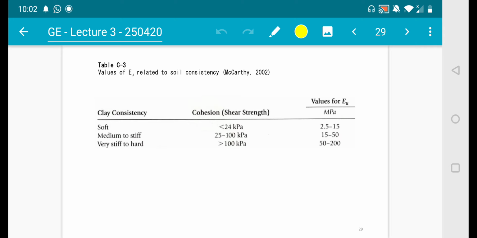And lastly, this is a table to get the EU constant. This is pretty easy when you don't do the test. You have different clay consistency, soft, medium to hard, cohesion, and then the value of EU. So you have to make decisions when you use this tabulated established chart.